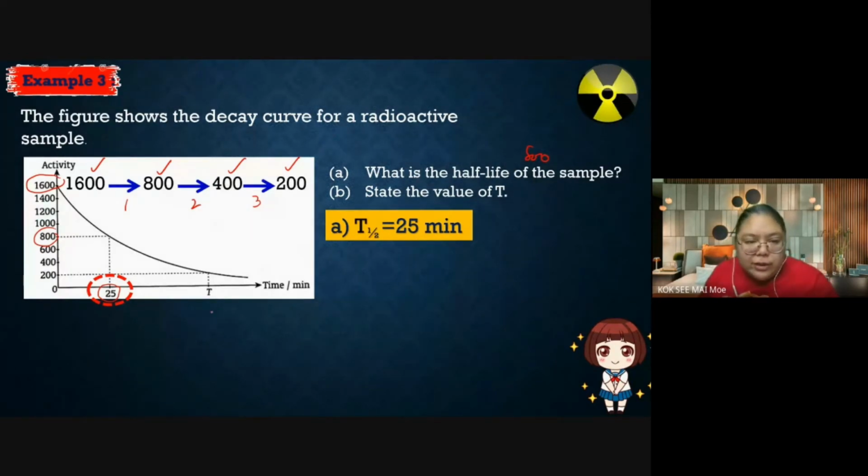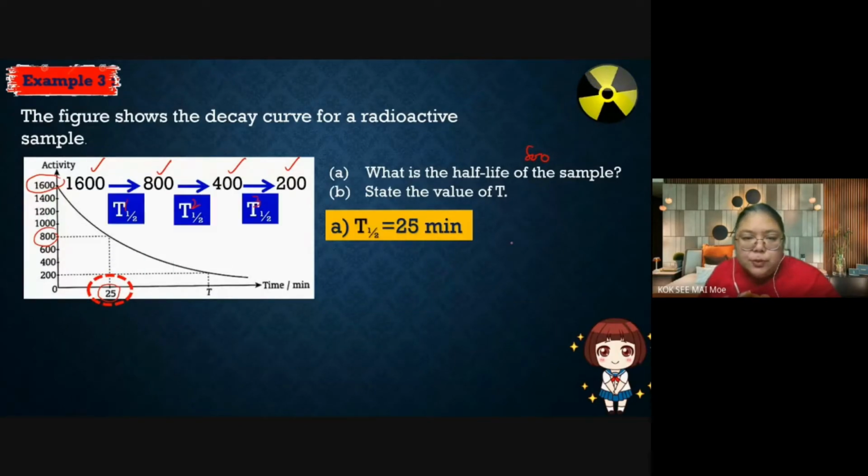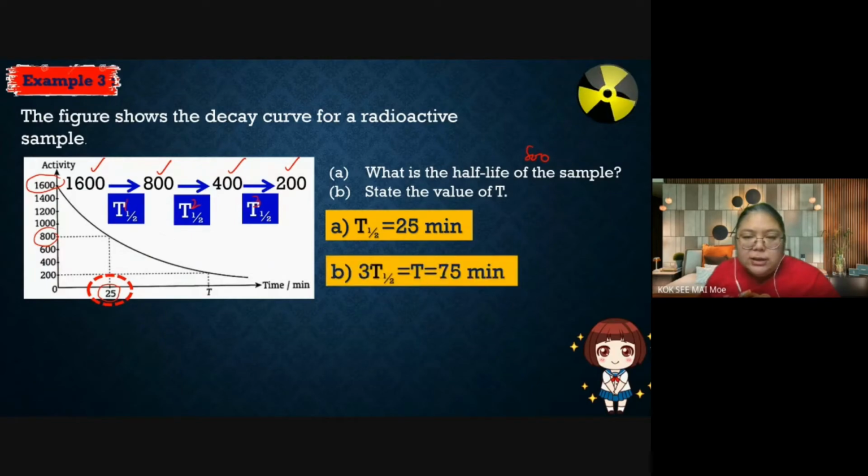Actually I can, because you start from 0. So I take 3 multiplied by 25. If they never start from 0, you cannot. If it starts from 25, you need to minus 25. But the question starts from 0, so you can straightforwardly take 25 multiplied by 3. So the answer is 75 minutes.